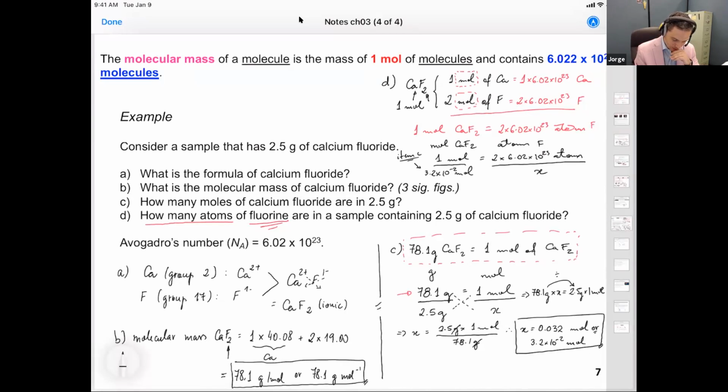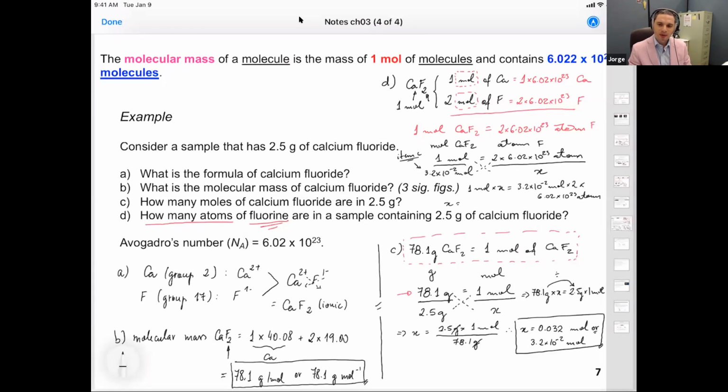All right, so to solve the proportion by cross multiplication, we are going to end up with 1 mole times x equals 3.2 times 10 to the minus 2 mole times, running out of space here, 2 times 6.02 times 10 to the 23rd atoms. Okay, so if you got all the way to this point, it would be a shame if you missed the final calculation.